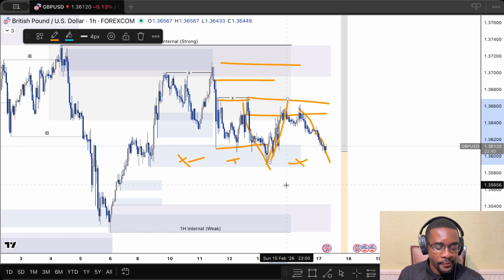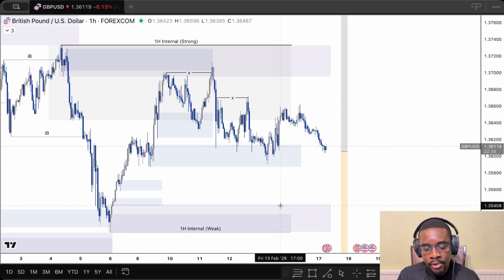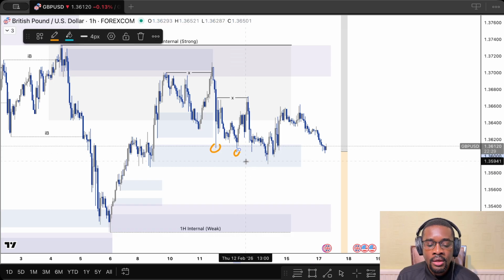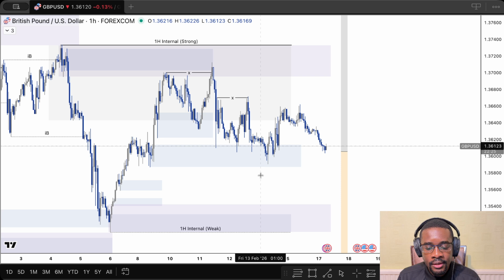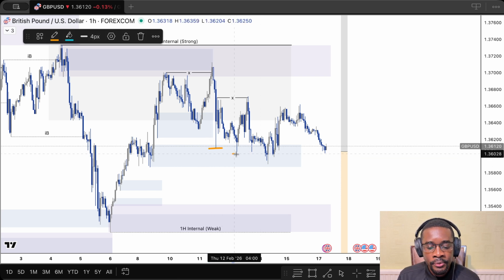We had a strong reaction based on CPI. Okay, but we've had multiple mitigations of the zone. So we've had 1 touch, 2, 3, 4. So what you notice is with every move into the zone, we're getting deeper and deeper. Okay, so we're getting deeper mitigations into the zone.